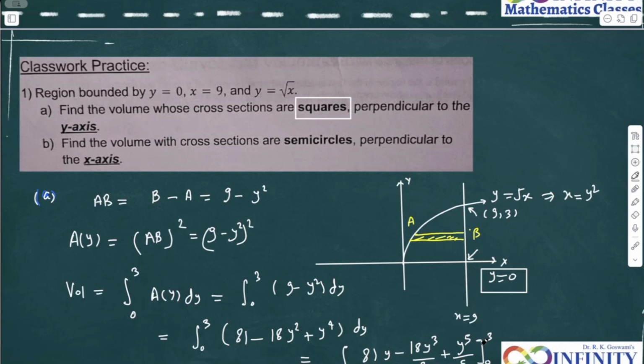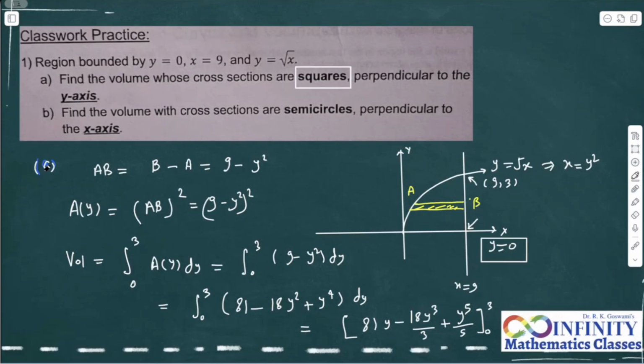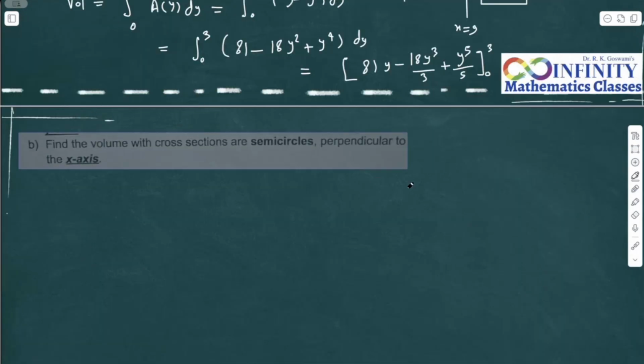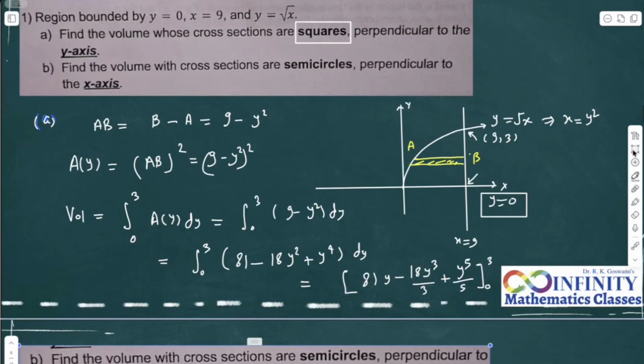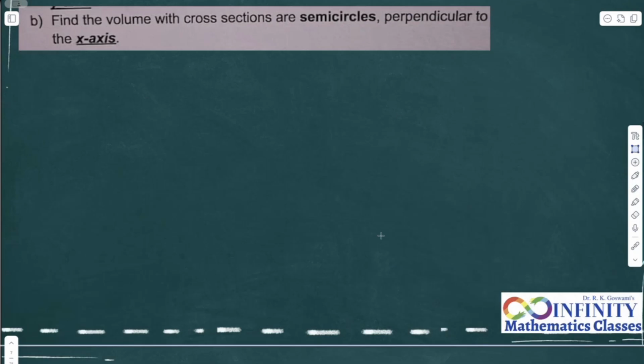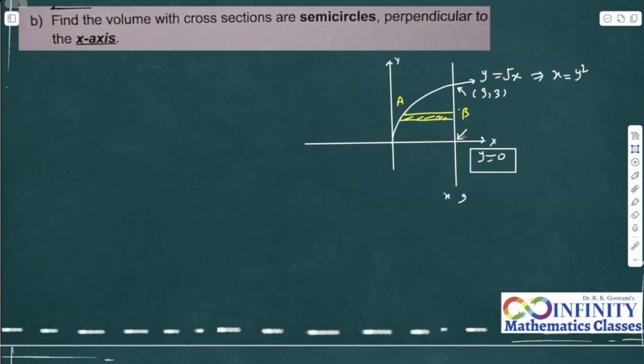Okay, next is to find the volume. The reason is going to be the same. The cross section is going to be semicircle perpendicular to the x-axis. So this was the question. Let me just get the graph also. This is going to be the graph with minor modifications.